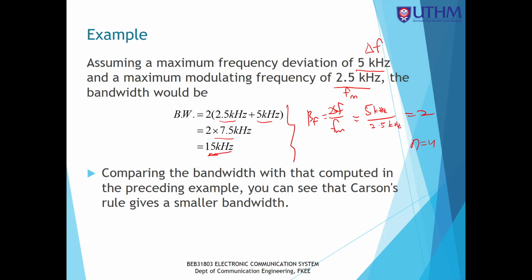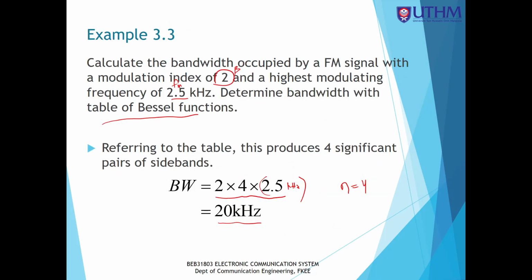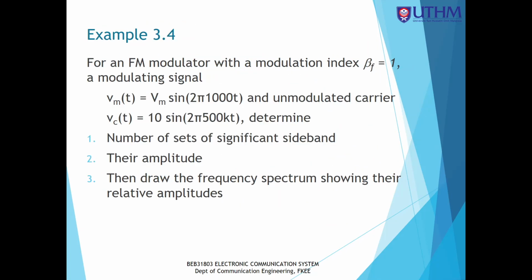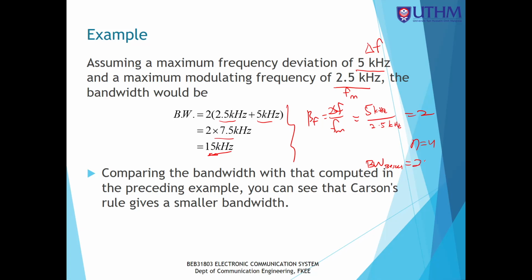We get the bandwidth by Bessel from the previous example, 2 times n times Fm, we get 20 kilohertz.